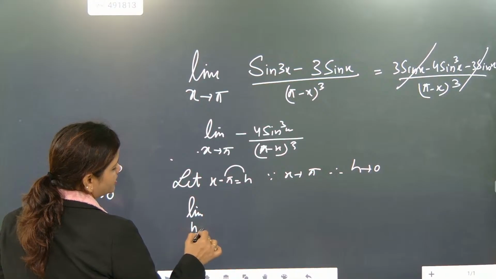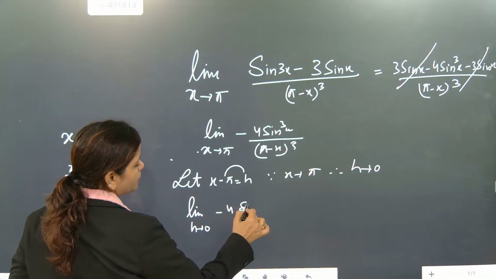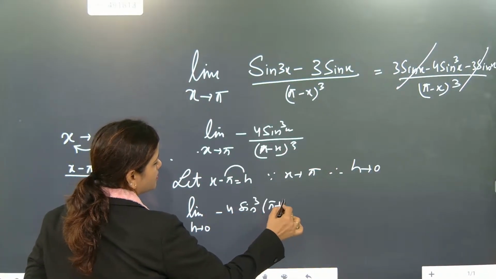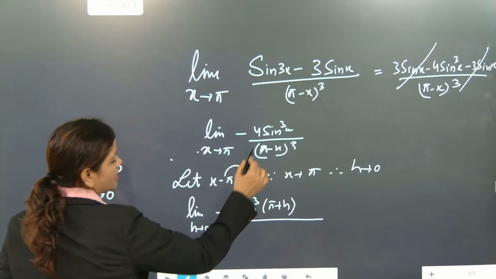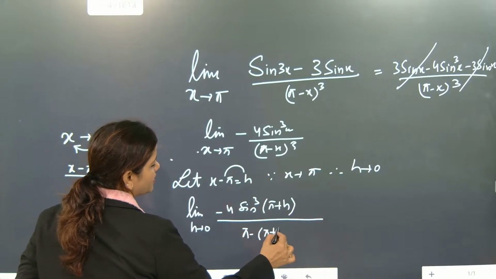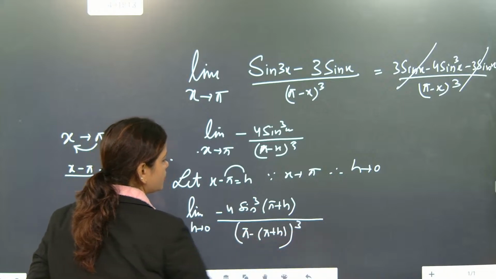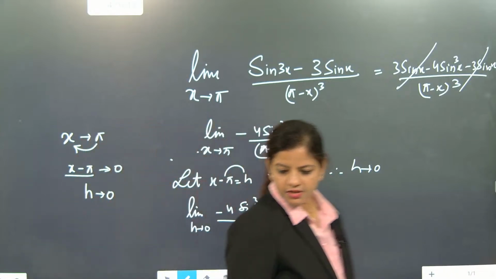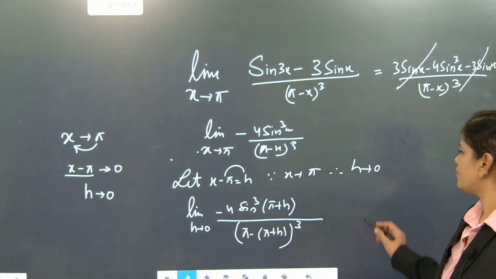So now limit h tends to 0, minus 4 sine cube of pi plus h, divided by pi minus x, which will be minus pi minus h, whole cube. That's it. This is exactly going to finish the work.